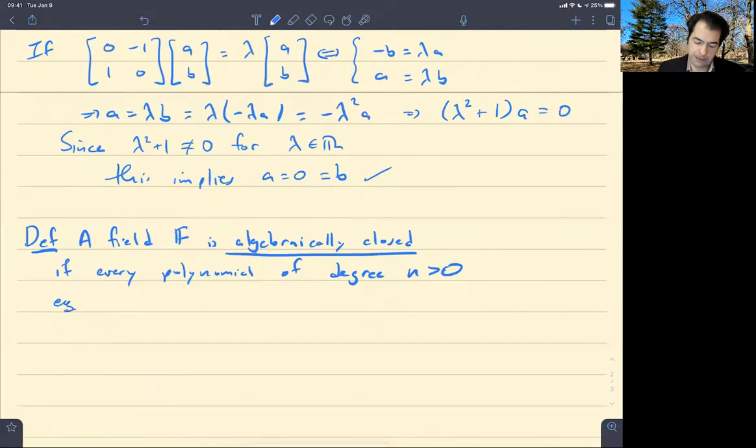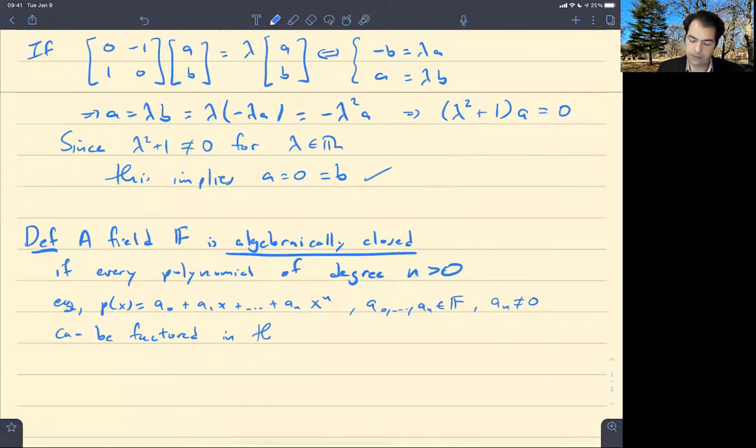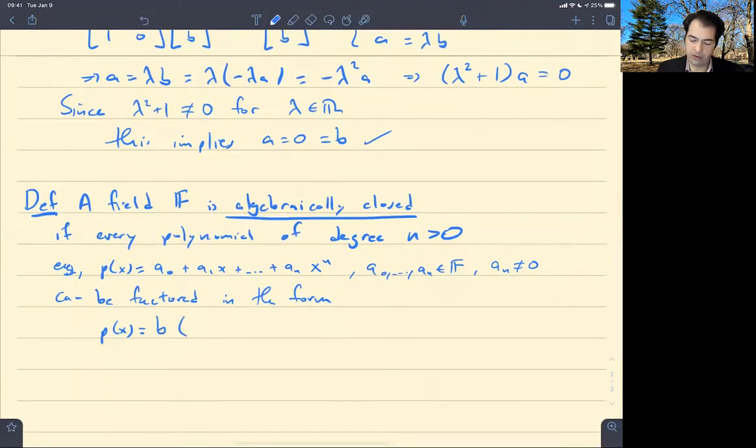So for example, let's say you have p of x is a0 plus a1 x plus dot dot dot plus an x to the n, with a0 through an elements of the field and an not equal to 0, can be factored in the form p of x is equal to some constant times (x minus c1) dot dot dot (x minus cn) for some element b of the field and c1 through cn in the field.